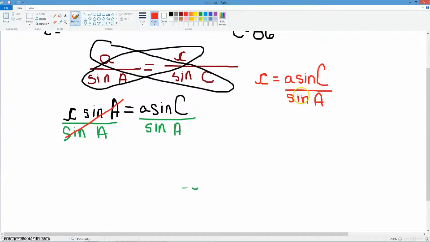Okay, so if we do this, we are going to substitute now. So let's plug in. We get little a, which is 50, sine of big C, in this case big C is 86 degrees, over sine of big A, which is 58 degrees.